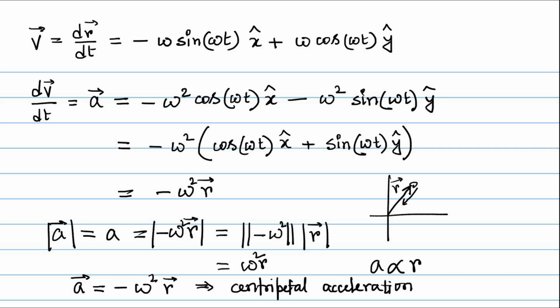Centripetal acceleration is when you see a particle moving at a constant speed around a circle. I'm sorry, a constant speed, because if you go around a circle, the velocity by definition isn't constant.